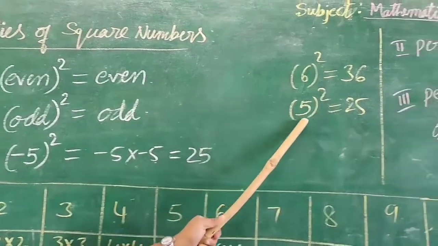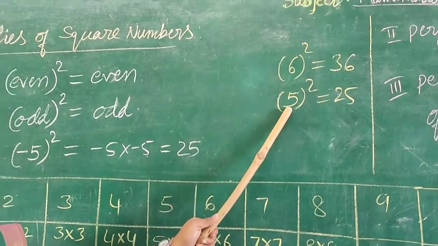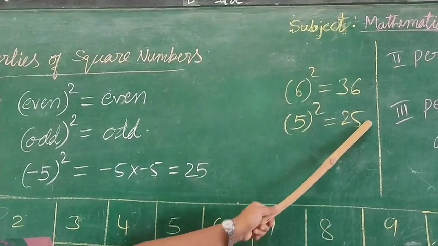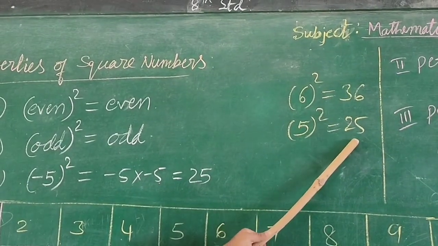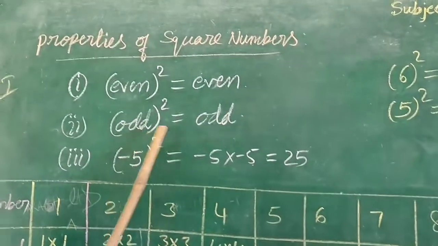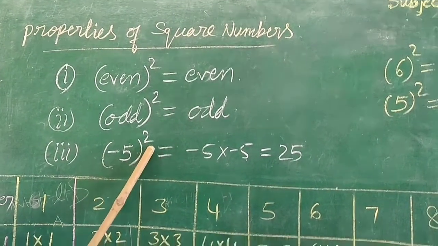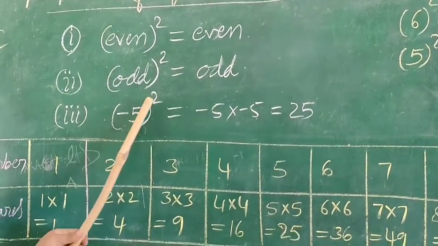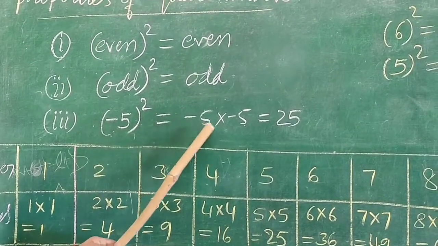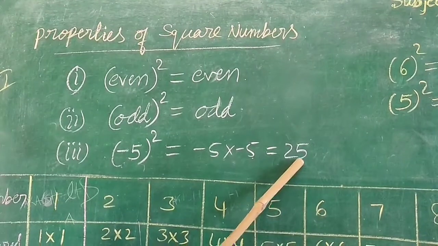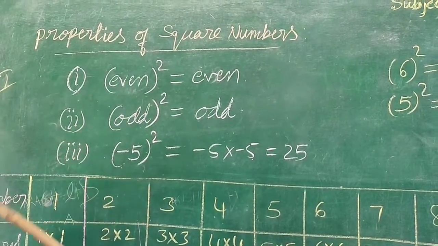Now take another example. 5 is an odd number. The square of 5 is 25. 25 is also an odd number. So the square of an odd number is odd. Now go through the negative number square. Minus 5 is negative. The square of minus 5 is minus 5 into minus 5, that is equal to 25. So this is the first property.